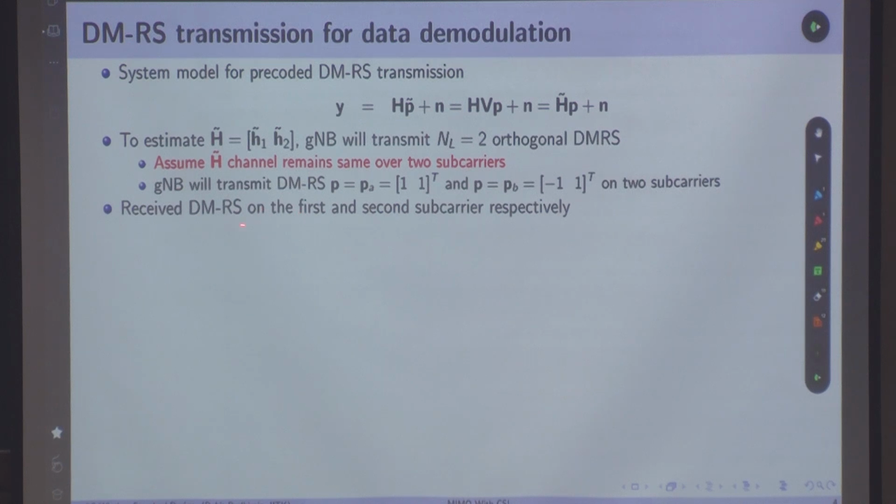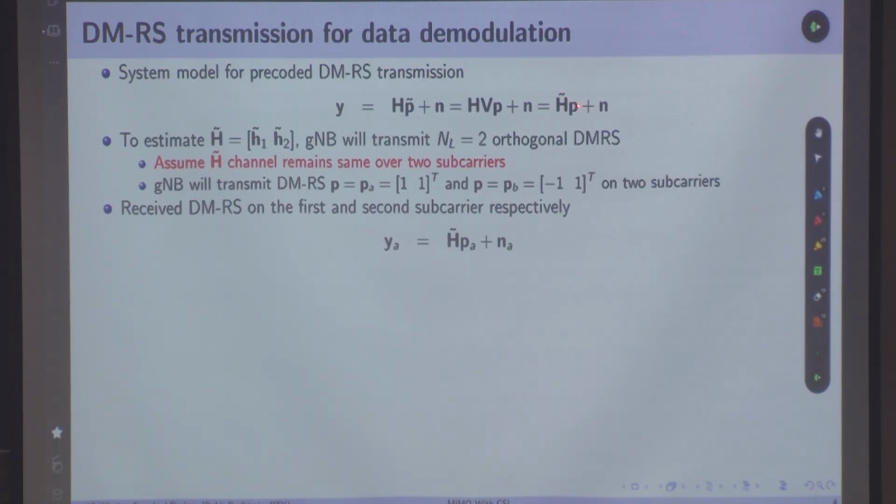Now, the receive DMRS on the first and second subcarrier. This pilot is precoded and transmitted by the base station. So what happens here: YA equals H tilde times PA, plus N. What is the dimension of H tilde?